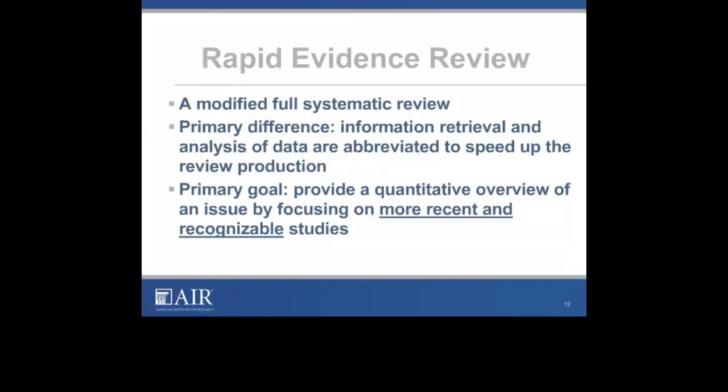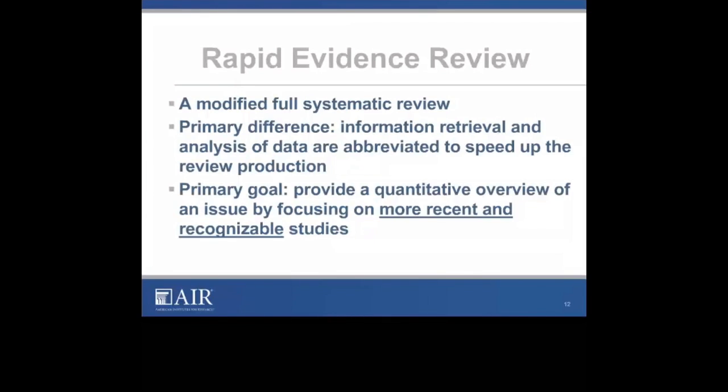The next type of review effort I want to talk about is the rapid evidence review. This is sort of like a full systematic review, but more like a quick and dirty version. It's a modified full systematic review. The primary difference from the full systematic review is that the information retrieval and analysis of data are abbreviated to speed up the review production.